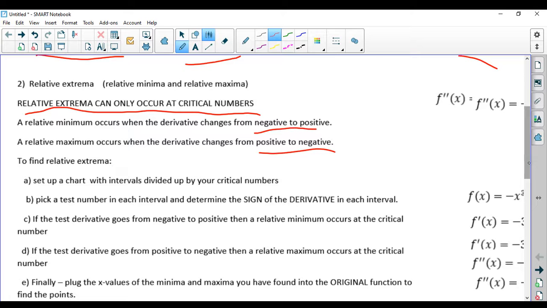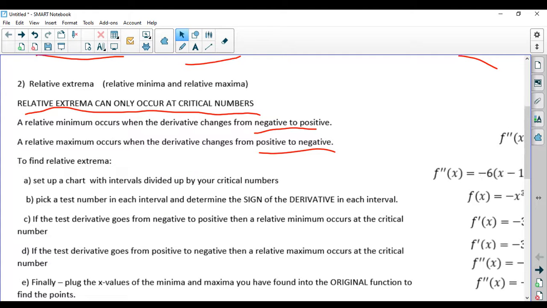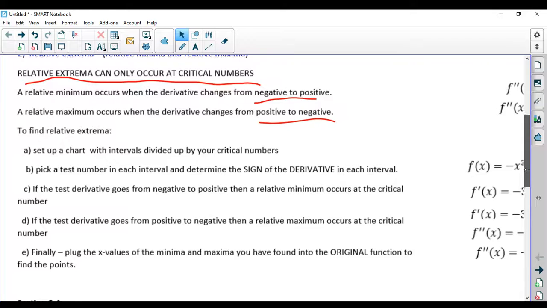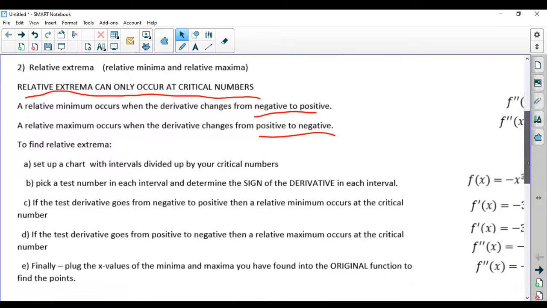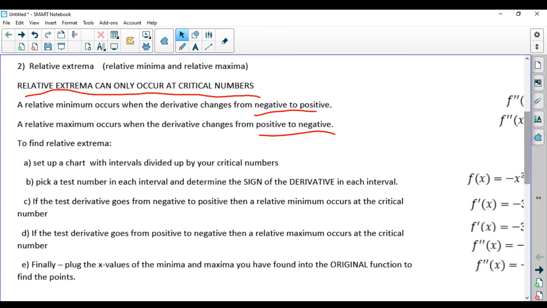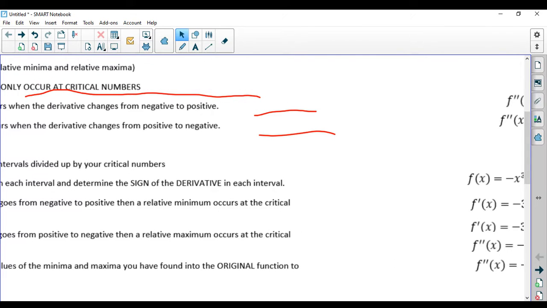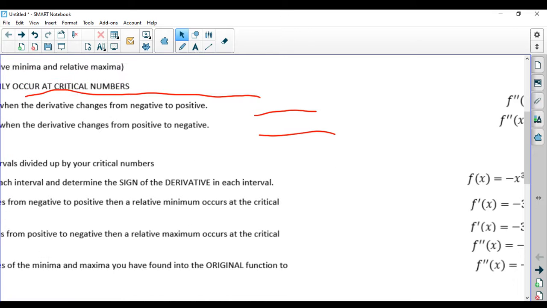Our critical numbers were 0 and 2. So when I set up the chart, it's going to look like this. All right, 0 and 2.